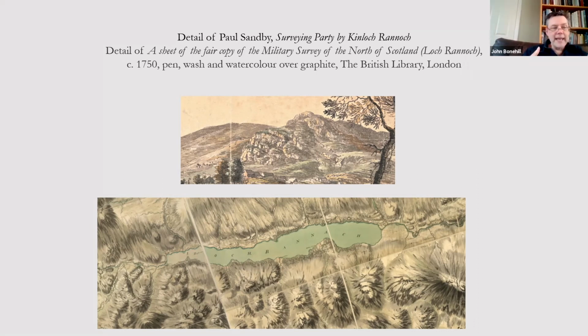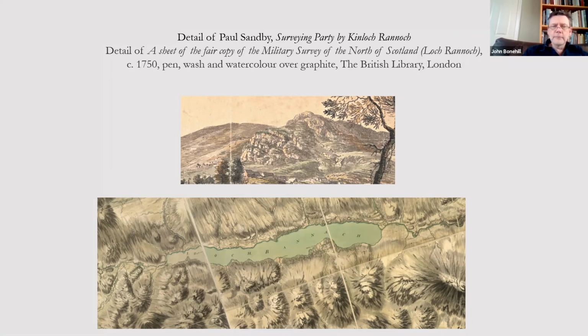It's highly decorative and also extremely innovative in terms of the production of map making in the period. And you can also see this same style of hatch-like marks, for instance, in Sandby's drawing of Loch Rannoch, notably in the hillsides. Indeed, that drawing also shares the same limited palette that you see in the Great Map.